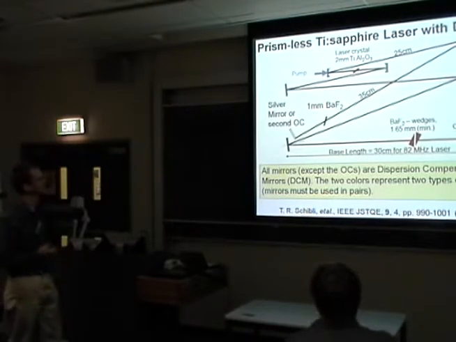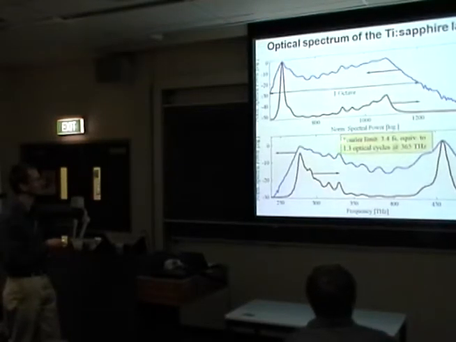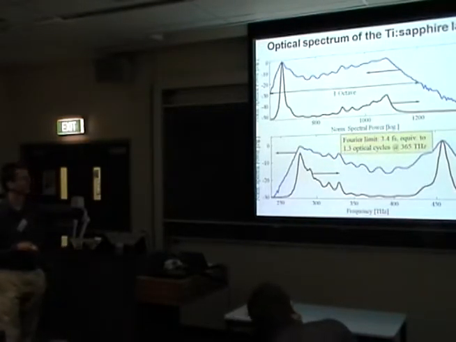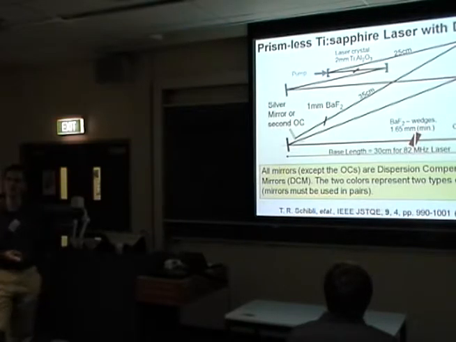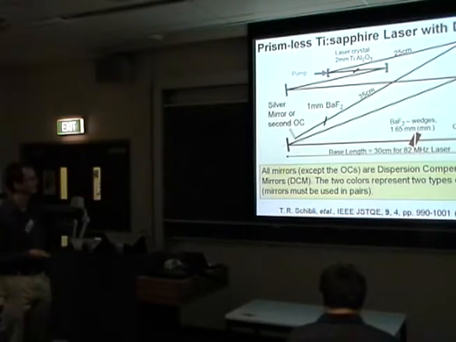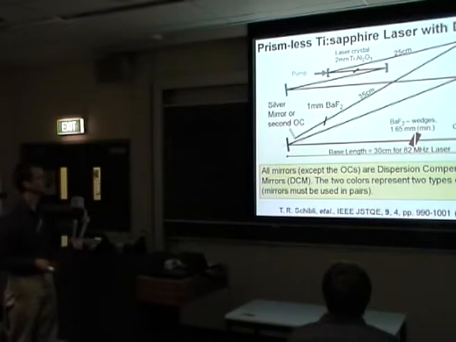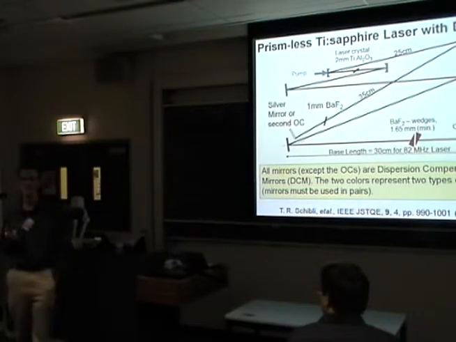And so this laser has a Fourier limit of about 1.3 optical cycles, that's 3.4 femtoseconds, and you see no more prisms. We added some material to fine-tune the dispersion, but this is essentially 1.5 millimeters of barium fluoride. This allows you to insert a little bit more, especially if the air pressure changes.